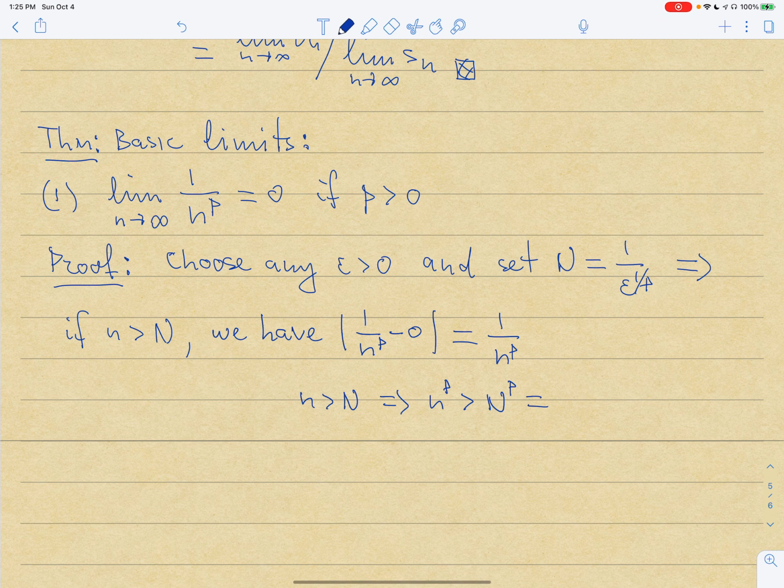And then if I take 1 over n to the p and 1 over big N to the p, then the sign of inequality should reverse. So 1 over little n to the p is going to be less than 1 over big N to the p.